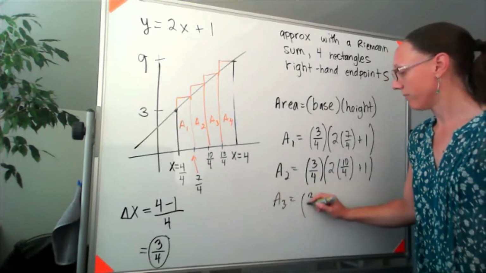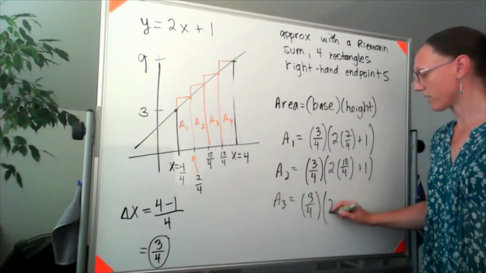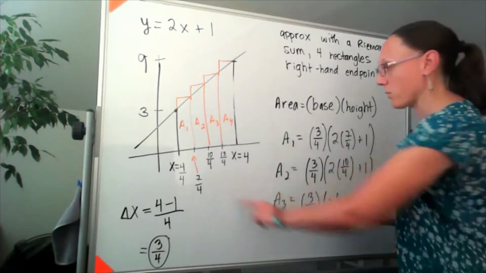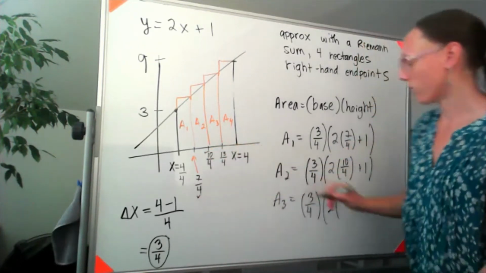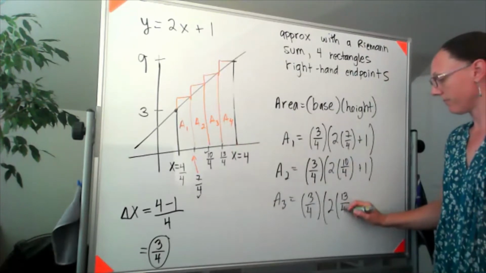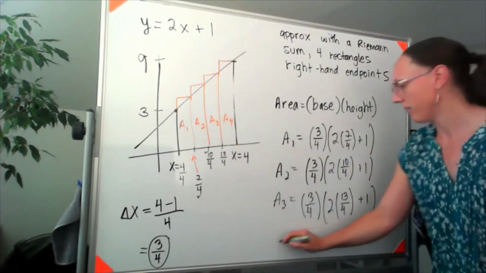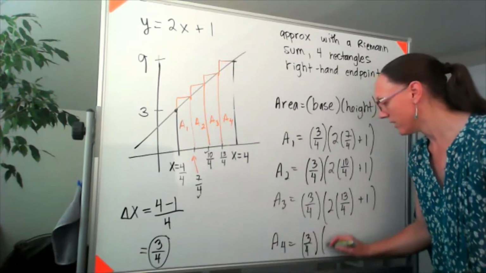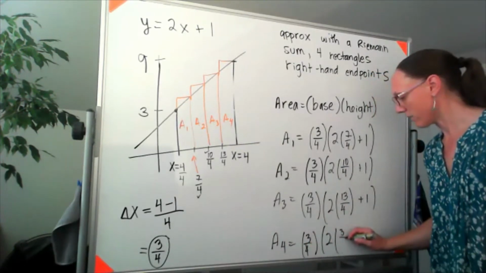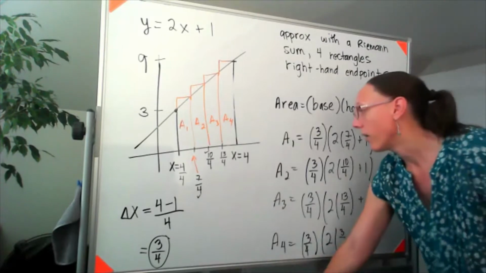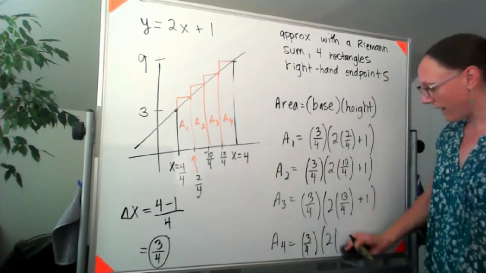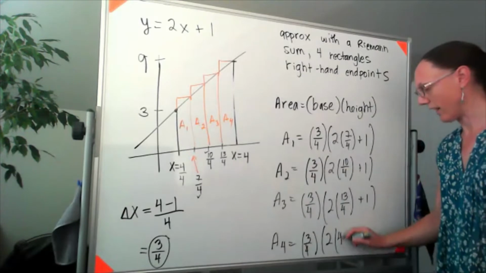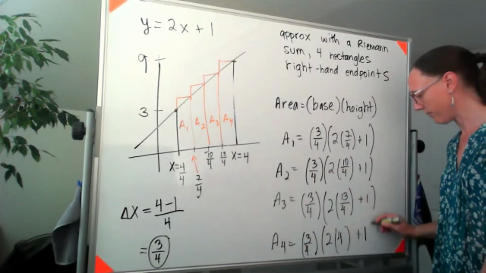Third rectangle, same deal, 3/4, 2 times, where am I at? We did 7/4, we did 10/4, so 13/4 plus 1. And my fourth rectangle, I'd have 3/4 times 2 times, oh, well, I guess we got to the edge. So we could write it as 16/4 or just write it as 4.